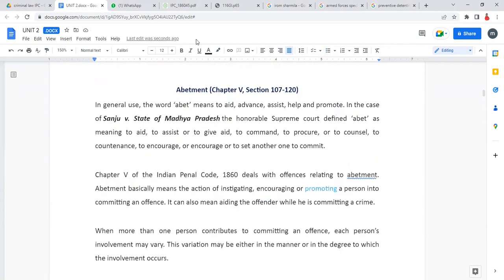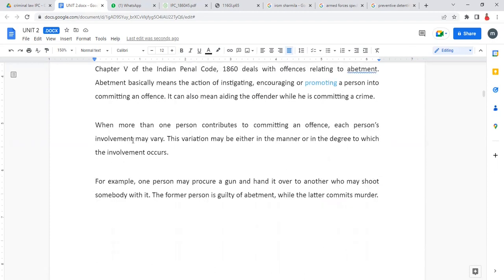Abetment is defined under Section 107, and the entire provision is contained in Chapter 5, Sections 107 to 120. Abetment is nothing but to provide aid, assistance, or give command, or to encourage the other person to commit a crime.